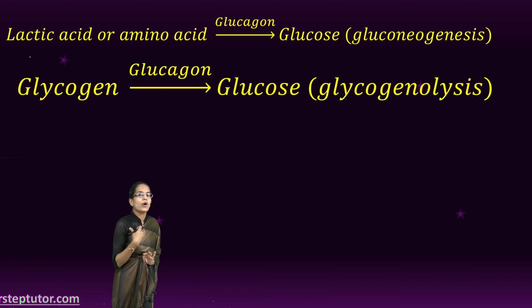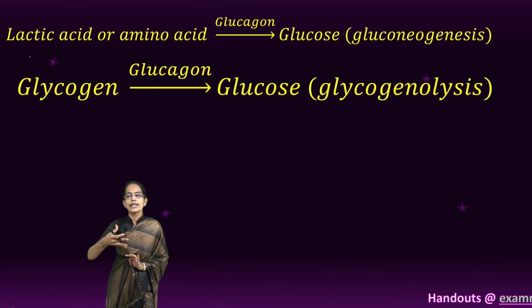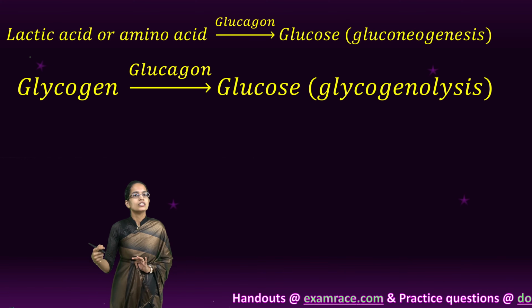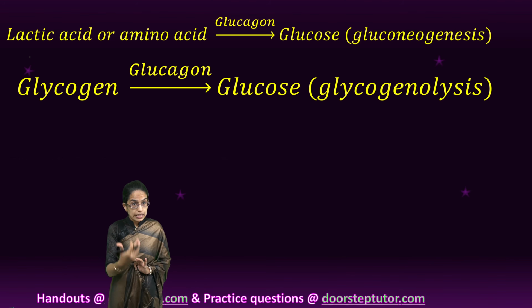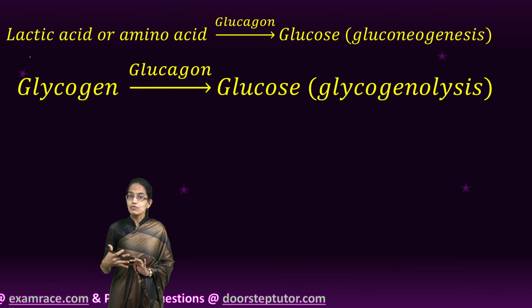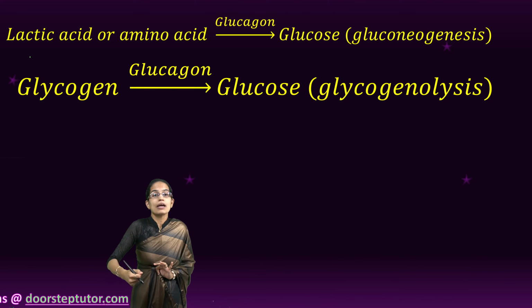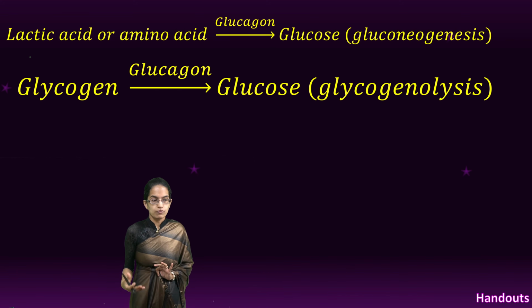So, when there is excessive sugar in the body, our body converts this glucose into glycogen, and this glycogen is stored in liver cells and in muscles. When there is a need, when I do not have a lot of sugar in the body or I am not taking in a lot of sugar, but my body is metabolizing and it requires some kind of sugar, what would happen?